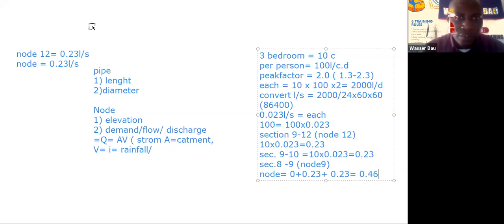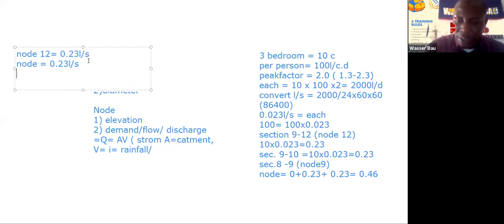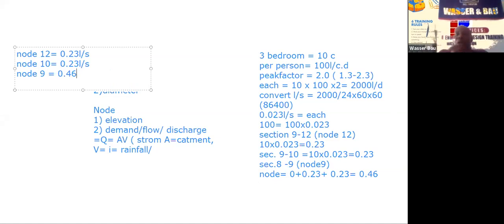Therefore, I can go here and say that this one is node 10 and this one is node 9. Node 9 is now, of course, 0.46. You can see how I arrive at it. At least you can be jotting down some things. Are we together? Yesterday, remember, we did some other notes. I think I should have been snapping all these things and keeping them, but it's okay. Let's continue.